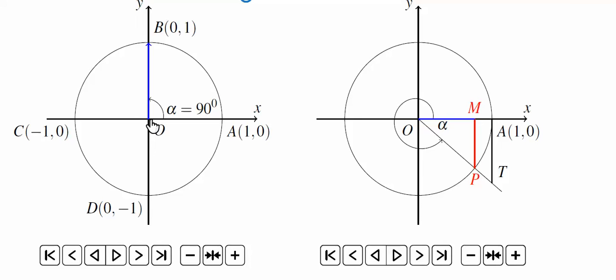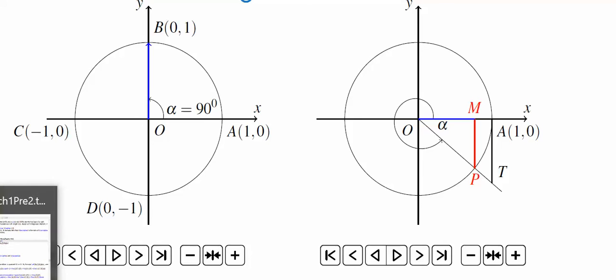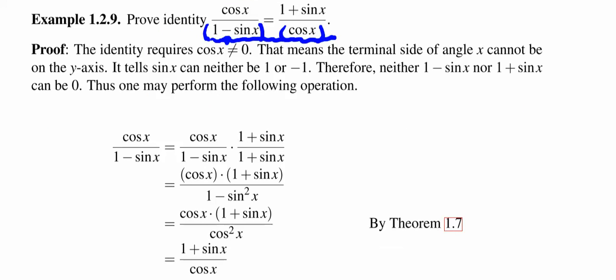So now let's go back to the identity proof here. This basically tells us that sine x cannot be 1. So 1 minus sine x then cannot be 0, since sine x cannot be 1.